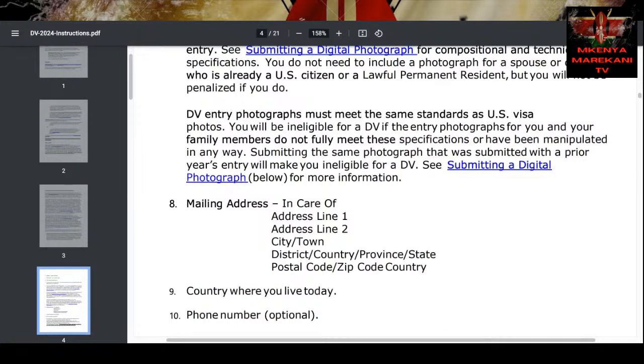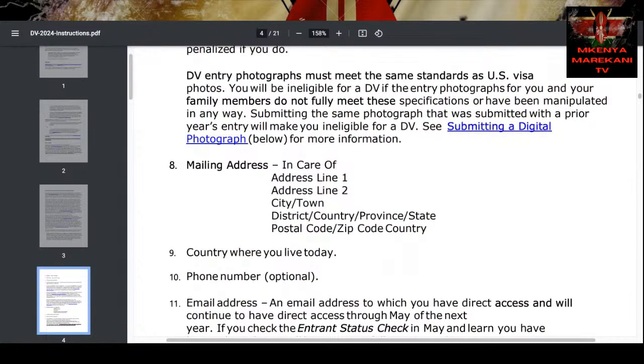It's just to see and confirm your location, which is mostly on your passport. Behind your passport, there is a place where they write where you stay, if it's Nairobi, or wherever. And then the country where you live today, that's where you work. If you live in Qatar, that's where you work. That's your country where you live today.